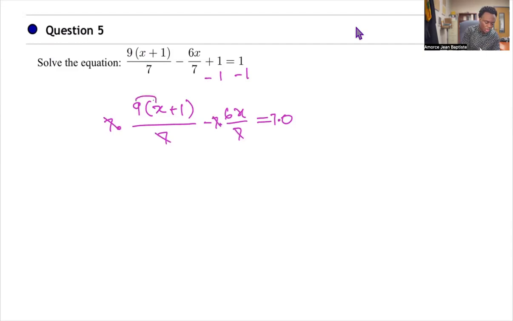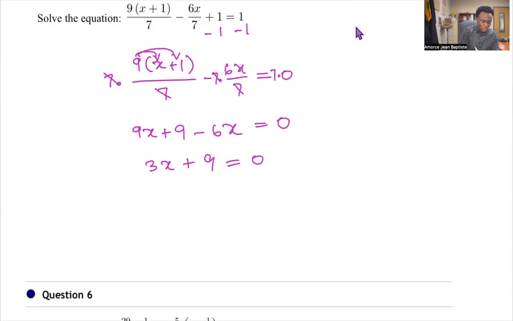And we distribute the 9. So that's 9x plus 9 minus 6x equals 0. That's 3x plus 9 equals 0. 3x, we subtract 9, equals negative 9. Divide by 3. x equals negative 3.